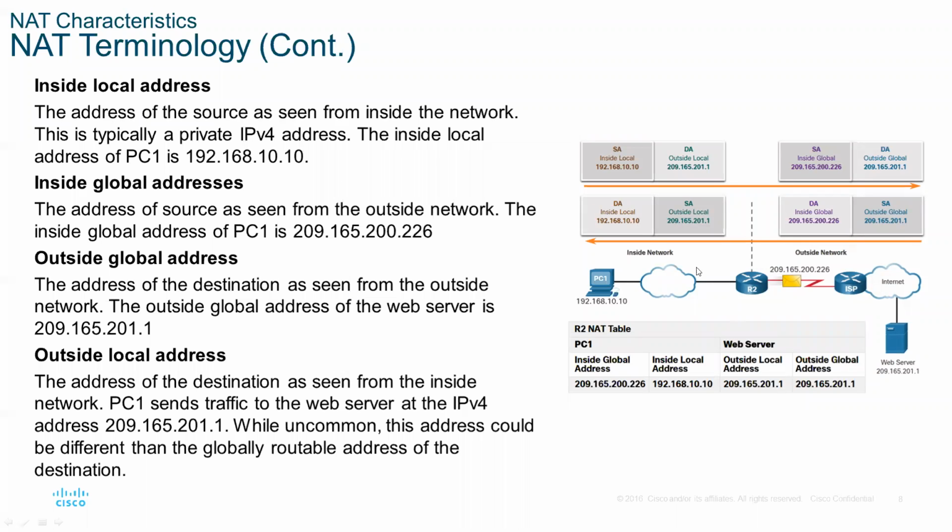So as it leaves router 2, it has both a source global and a destination global. And that way, when a reply comes back, it knows exactly where to come to and what happens as it arrives, because the device knows that this is a translated address that has a table inside of it, and it converts that global address back into the local address and then forwards it out the local interface.